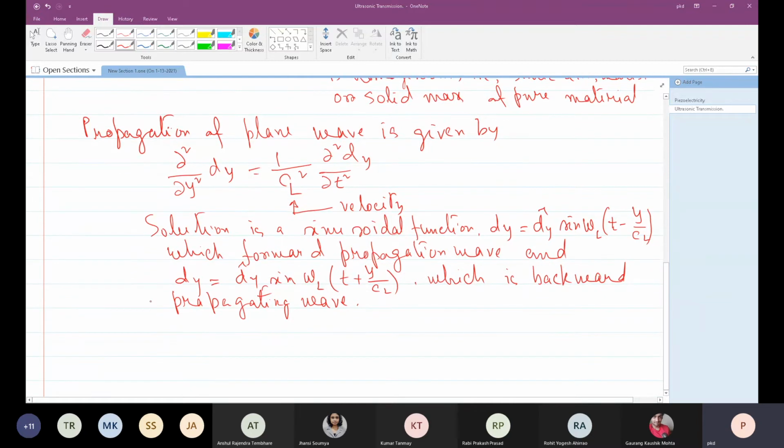The general solution is a weighted sum, the sum of forward and backward waves.